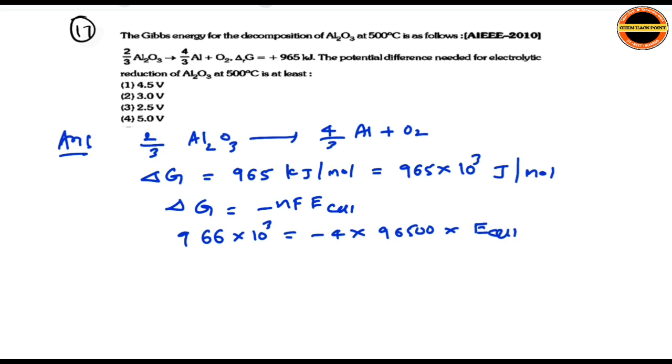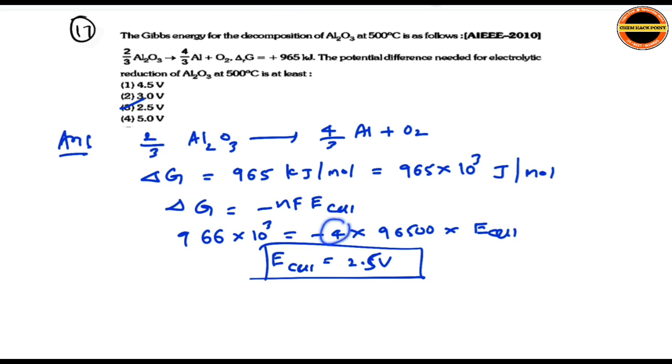If you see the equation, after joining both, or you can say the change in oxidation number, you will get 4 only. N value 4 you will get. Then E cell here is equal to 2.5 volt. Direct relation, 2.5 volt, that is the third option.